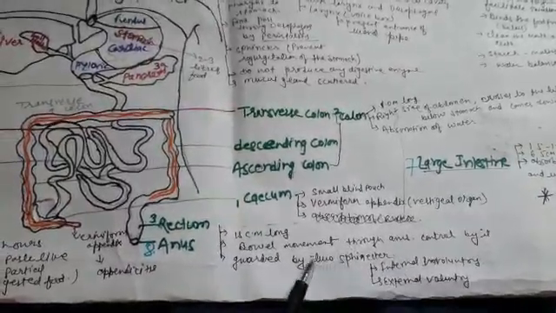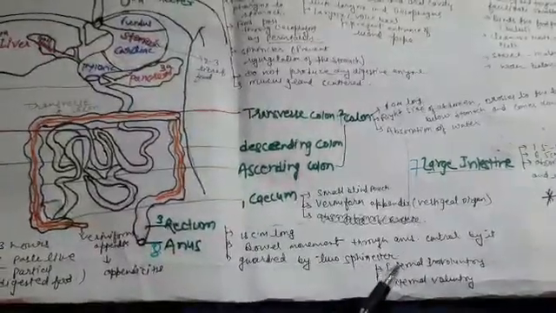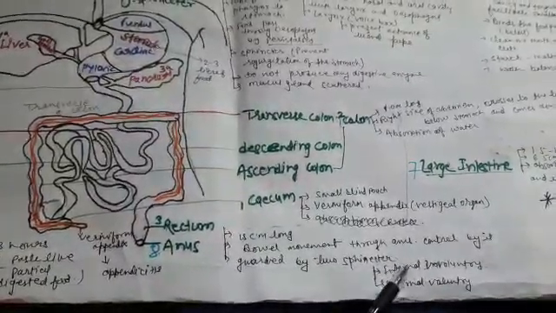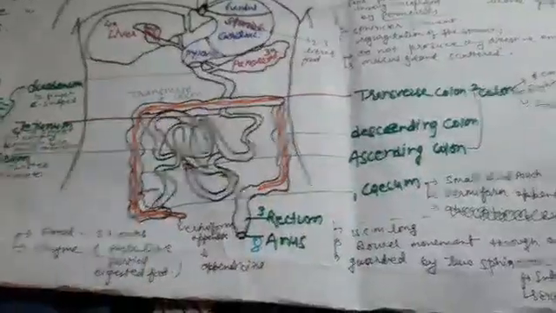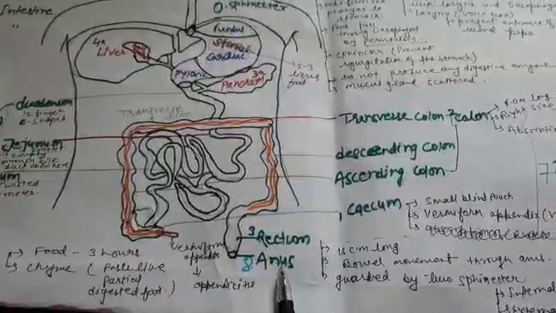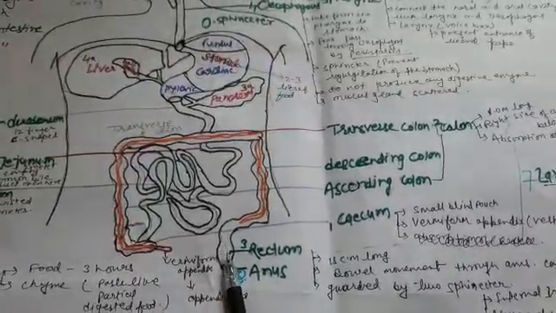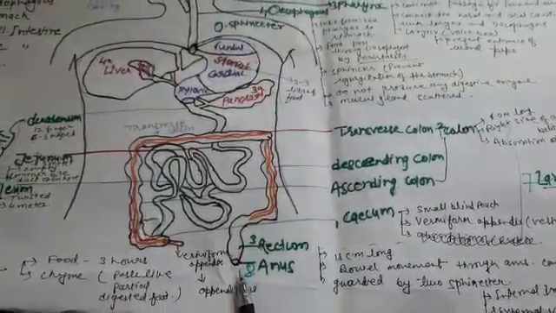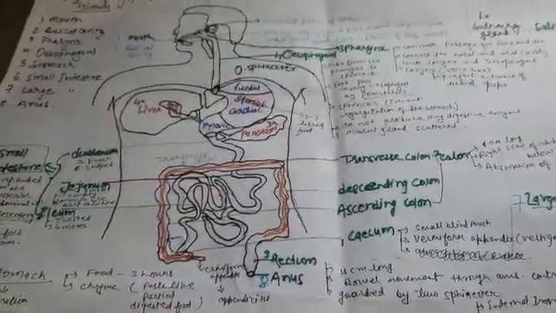Now the last part of the alimentary canal is the anus, and through the anus the waste material goes outside our body. This is all about our digestive system or alimentary canal.